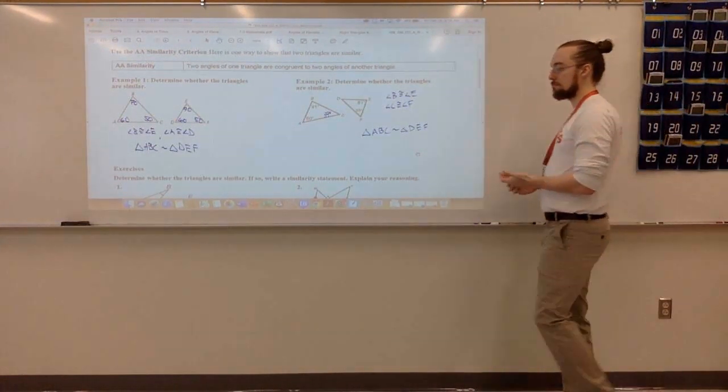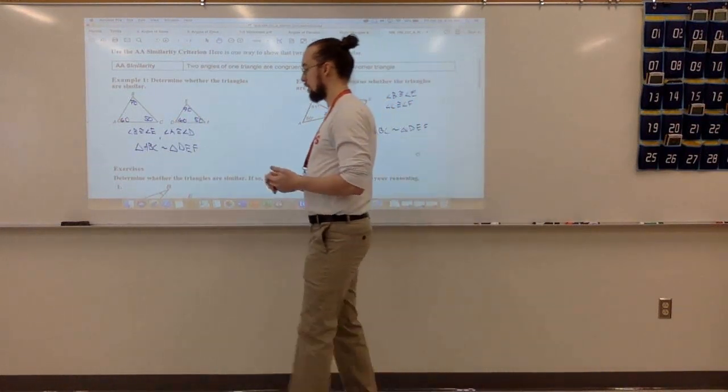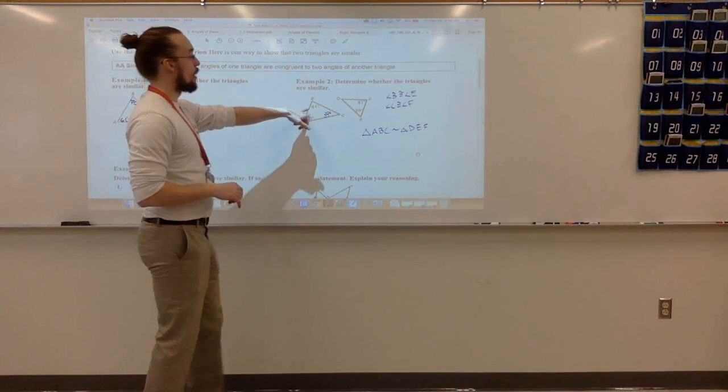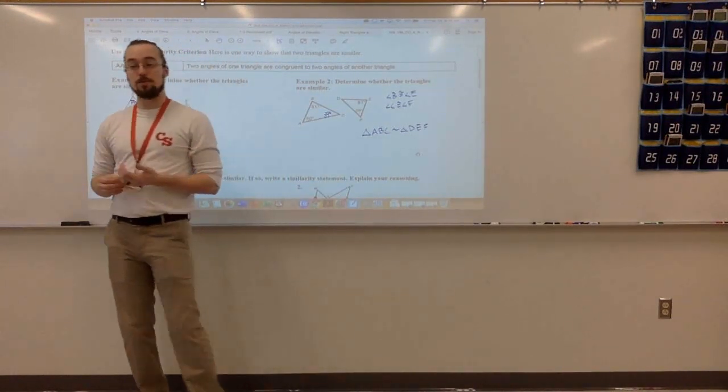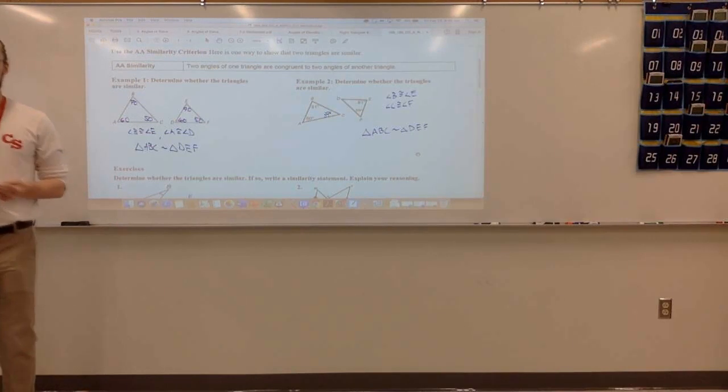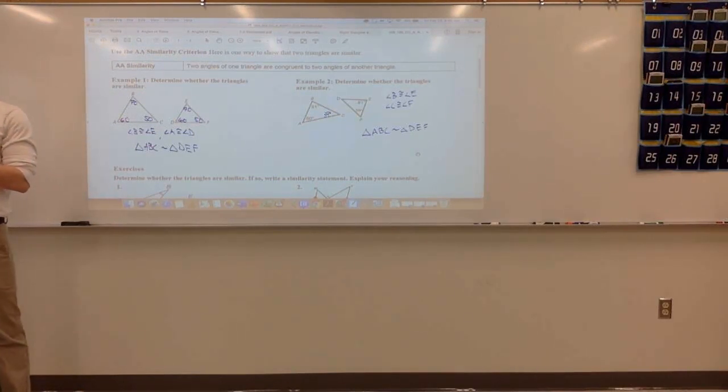But sometimes, and in some of these exercises down here, they won't. We may get angles that are different in our triangles, which would prove that they're not similar. But all we need to show that they are similar is 2 pairs of congruent angles. Questions so far?